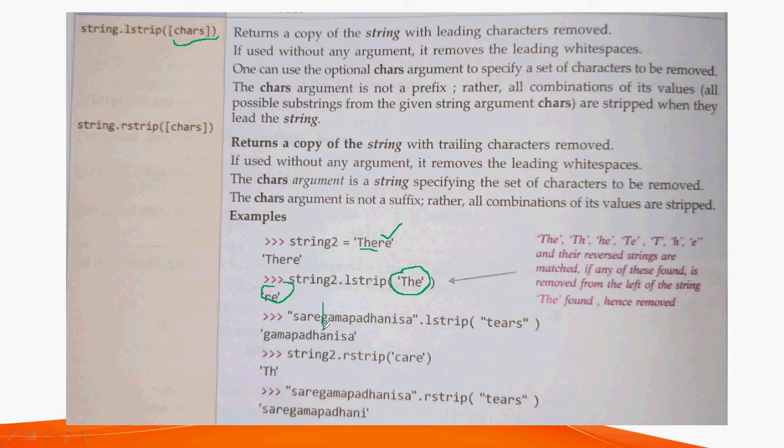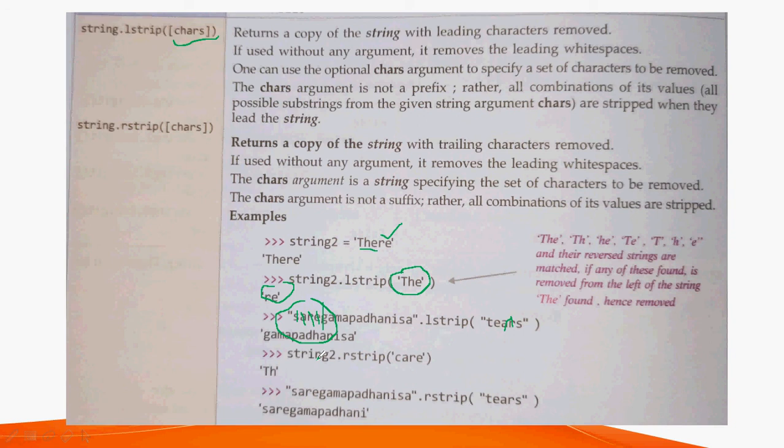Here, T is not there. E is there, so this will be taken out. Then A is also there, taken out. R is also there, taken out. S is also there, taken out. And there is no T at the left side. So the rest, ga, ma, pa, dha, ni, sa, will be returned. So any combination from the characters specified in L strip will be taken out.